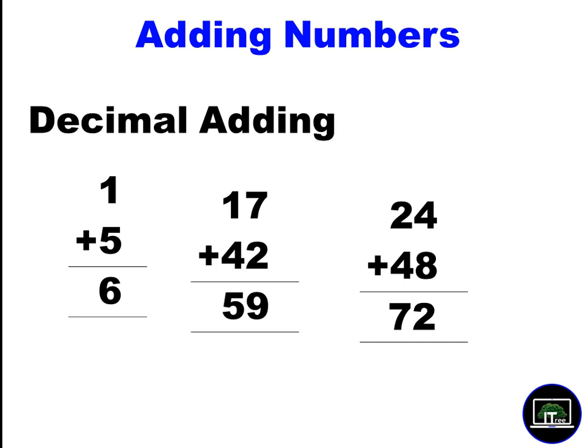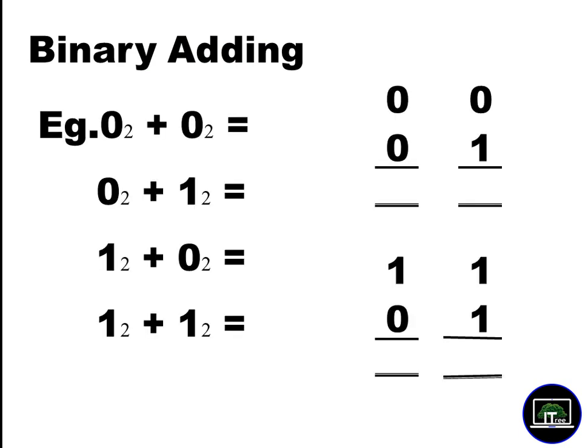Now we try to do some binary adding. Look at these things now. 0 plus 0. 0 plus 0 is 0. 0 plus 1. It's 1. 1 plus 0. What is it? It is 1. 1 plus 1 in binary. 1 plus 1 is 2. But do we have 2 in binary?